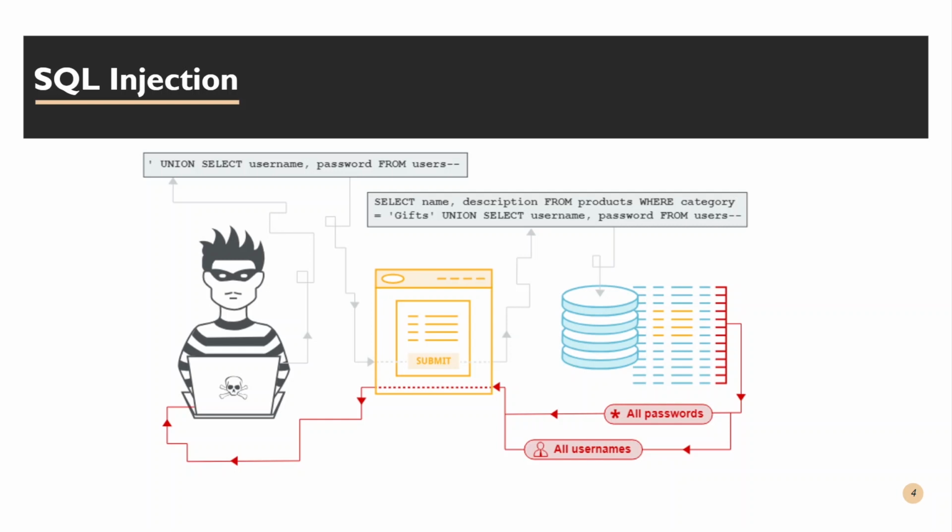So we are retrieving two kinds of information here: the product information, which is the product table, and the users table. And this could be very disastrous because running this code would probably give an attacker the list of all passwords within that particular database. And this is just the simple query that we have here.